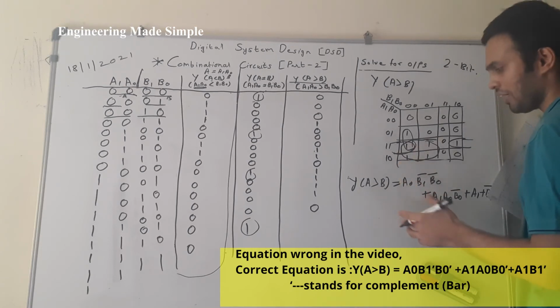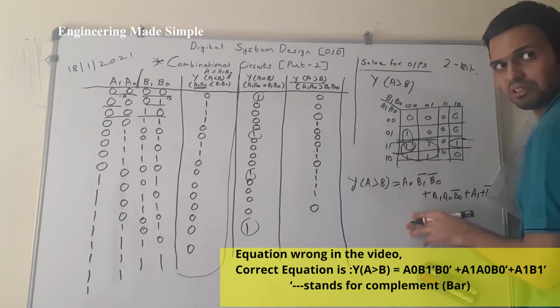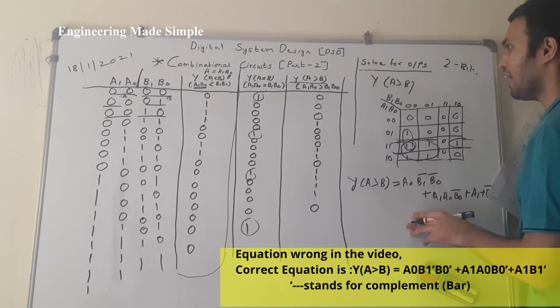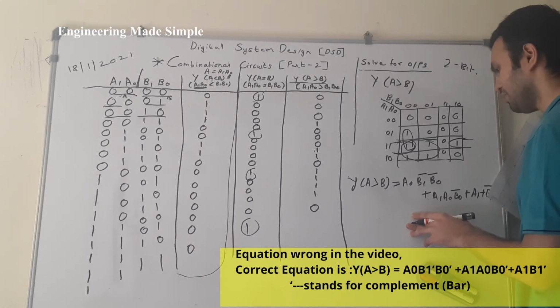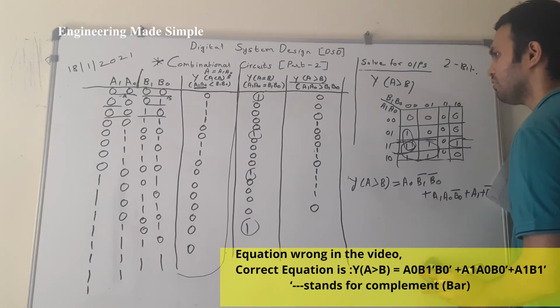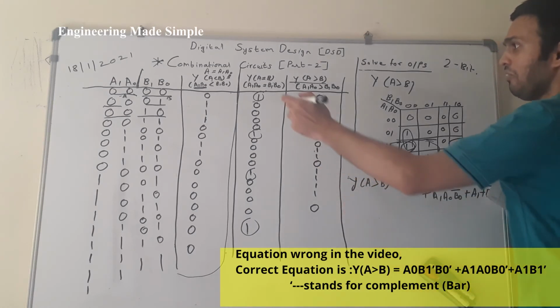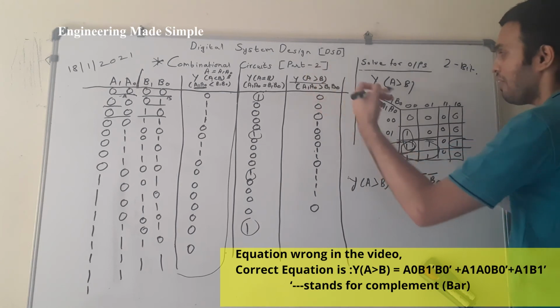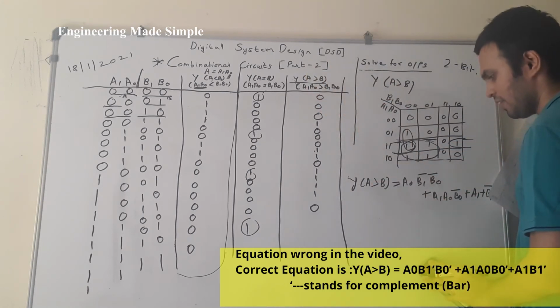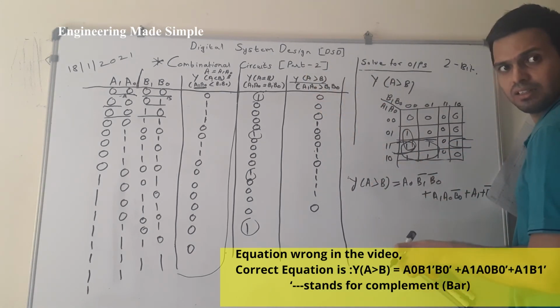And for NOR, you have to implement the circuit using only NOR gates. But I am going to show you the implementation using basic gates. So we will now implement this circuit. We have three system equations, which are nothing but our overall circuit. Now we will implement it.